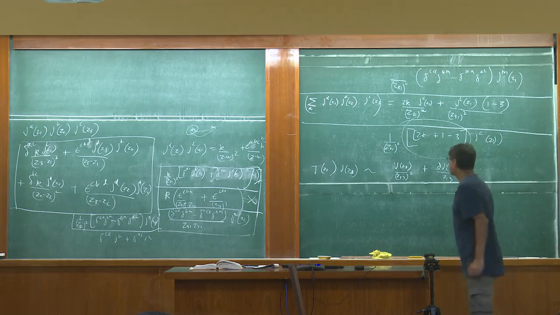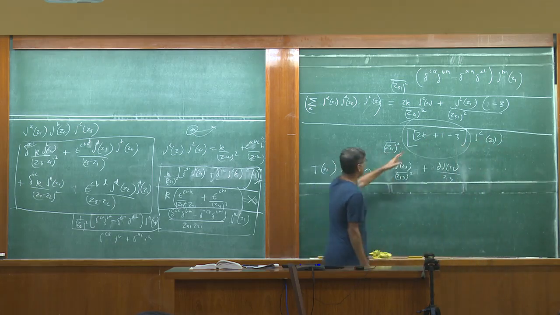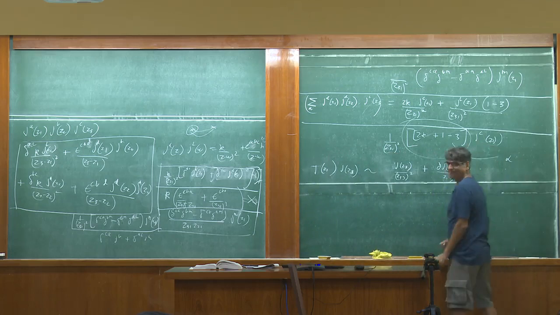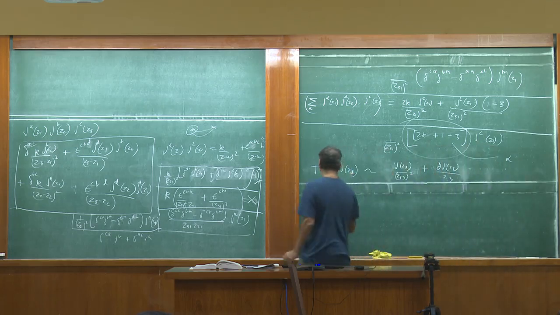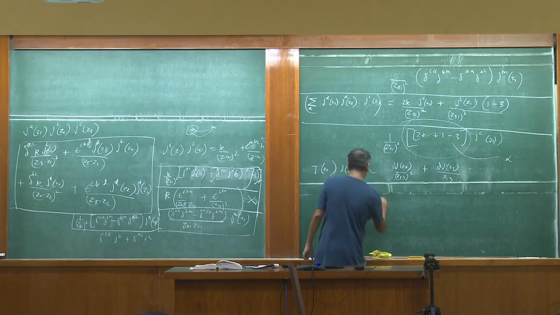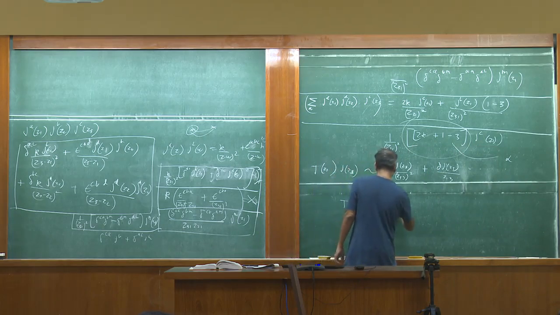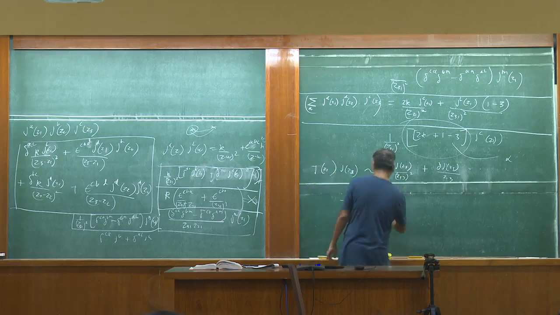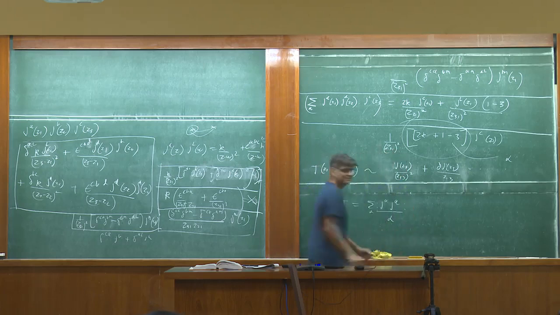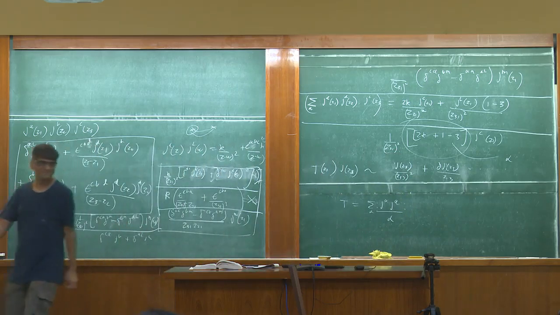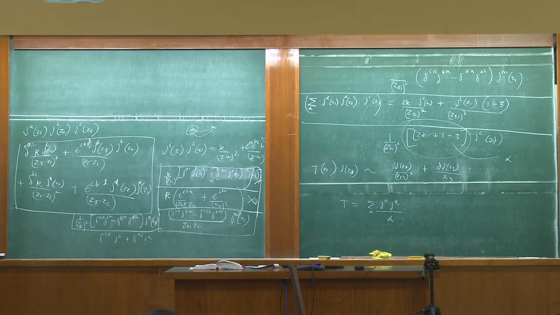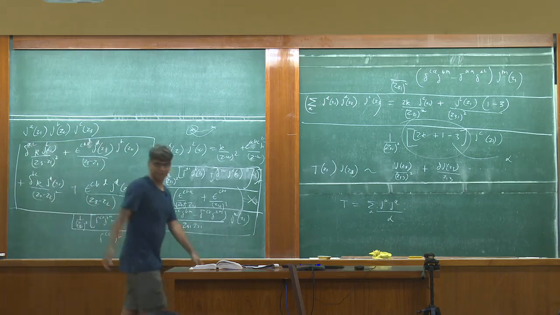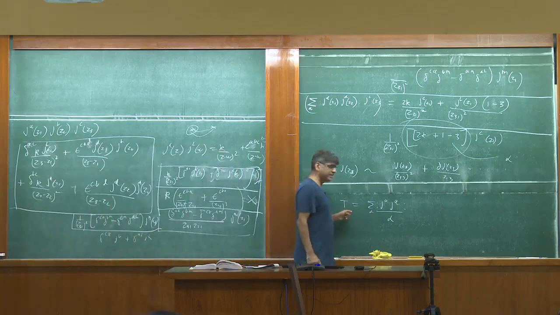Okay, so this number is made 1 if we just take whatever this number is, let's call it some alpha, and we identify T with sum over A J divided by alpha. Okay, so thank you both of you. So we identify T with sum over A J divided by alpha.